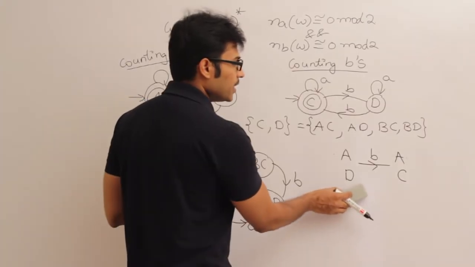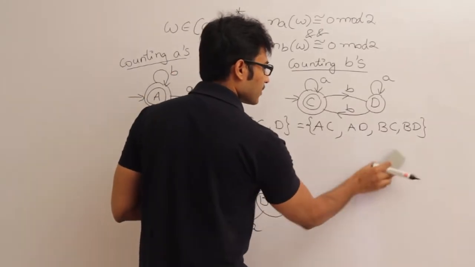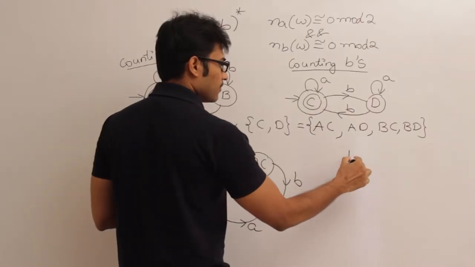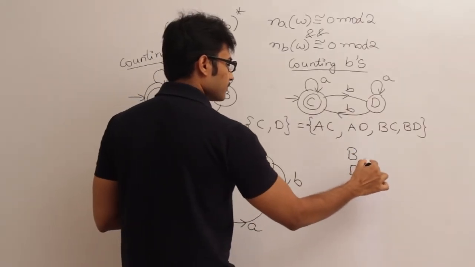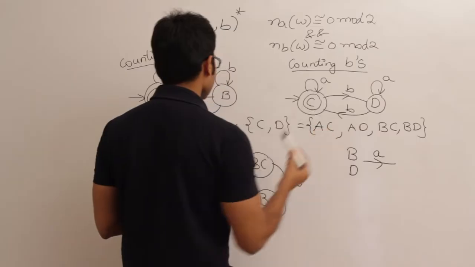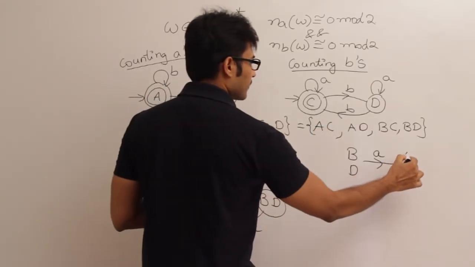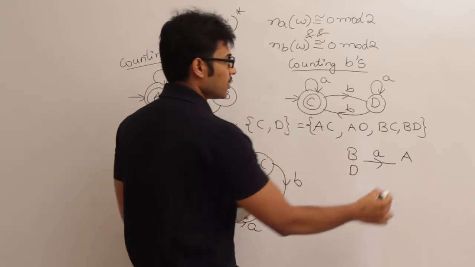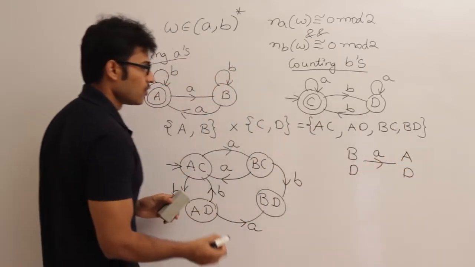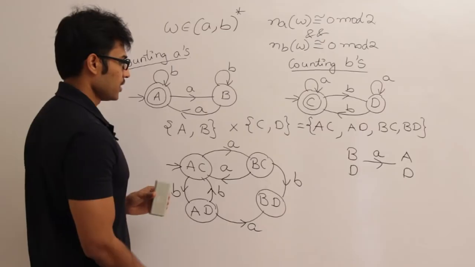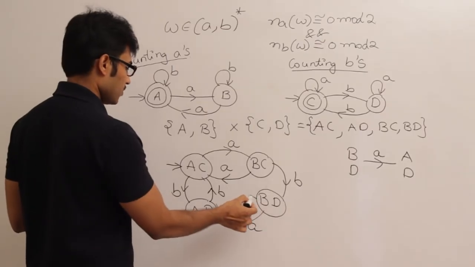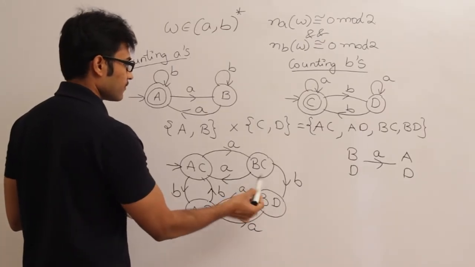Now let's talk about BD. BD on A. So B on A is going to capital A, and D on A is going to capital D. So BD on small a is going to AD.